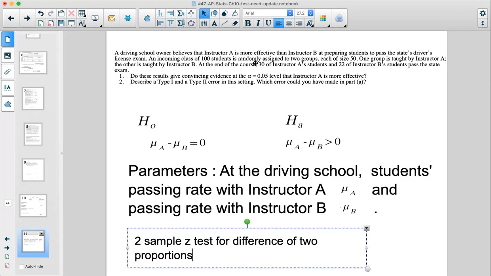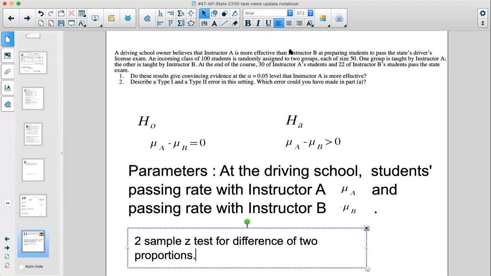So I assume it's 500 because 50 each. So 500 students and 500 students overall, right? I don't know how long the instructors have been teaching or will teach in the future, but we have to assume there are more than 500 students each teaching.